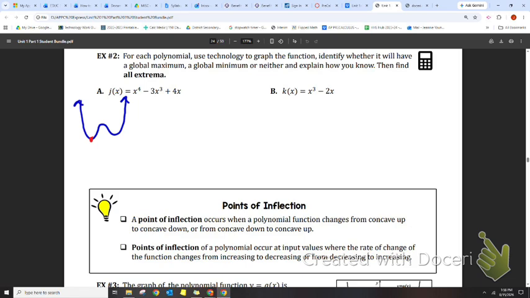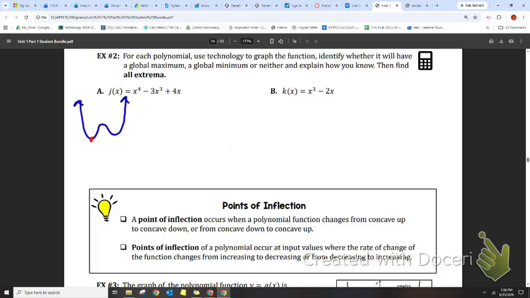I need to find it. So remember to find it, you can go to second, trace, which is our calc button, because we're going to calculate the absolute minimum here. You're going to find where it says minimum and choose it.